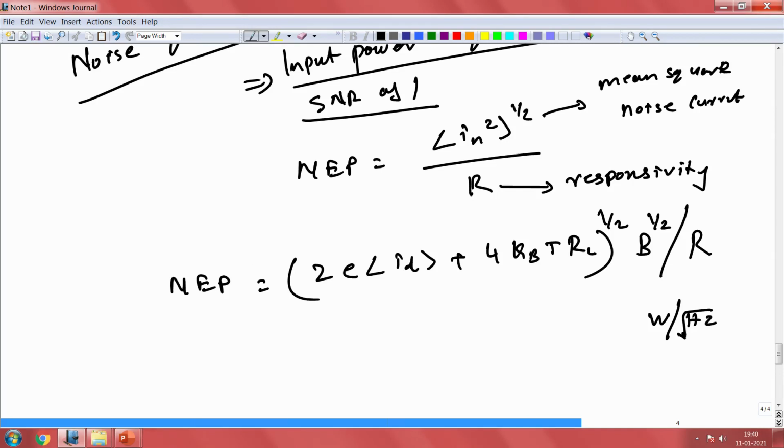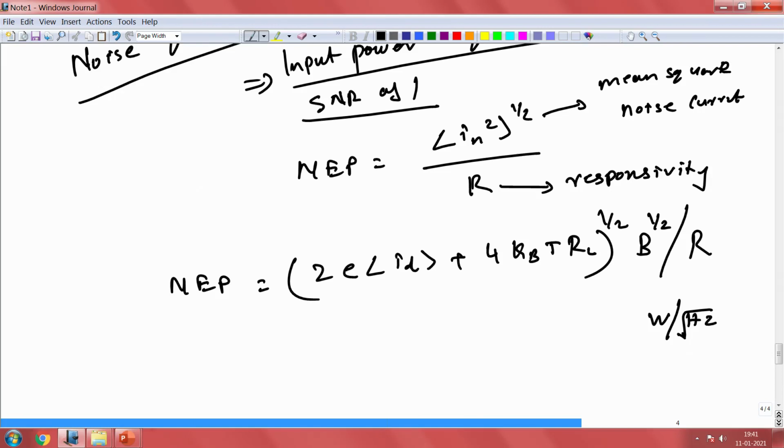So how do we control this? By looking at the detector configuration. If you want a high speed detector, you want a small area. With a small device area you can have high speed, because it depends on the RC time constant, and this also reduces your dark current.